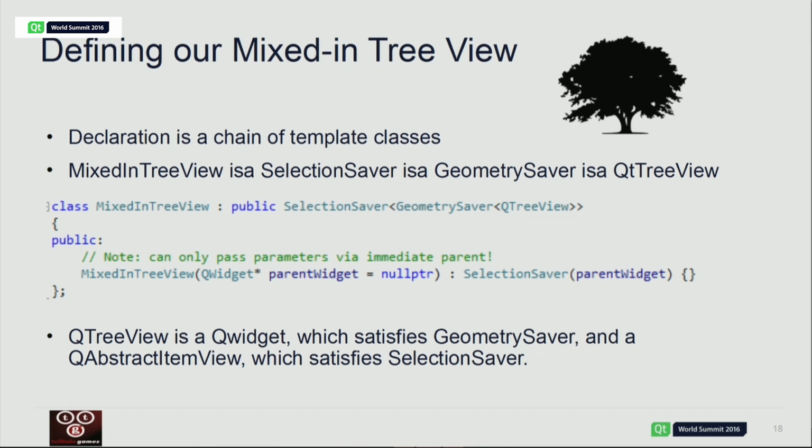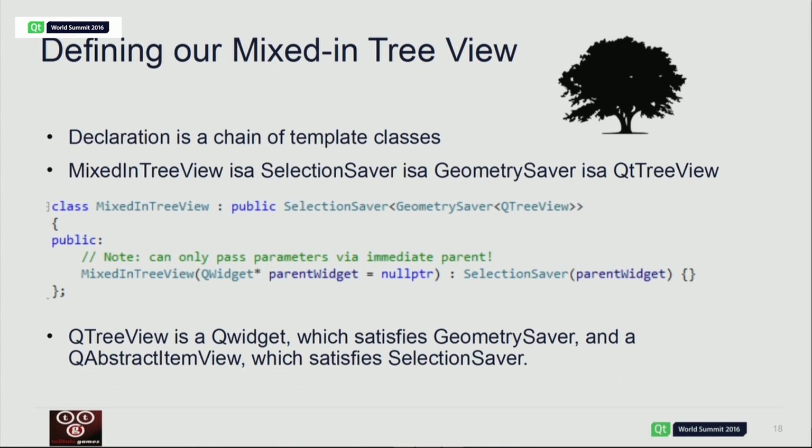If we look at that from inside out, we've got a tree view, which satisfies the GeometrySaver's requirements: I can only save geometry of a QWidget, I expect to be a QWidget by the time I get to be me. And it is getting all that functionality from its parent, the QTreeView, so we're fine there. Then we take that whole conglomerate, the GeometrySaver tree view, and go back into a selection saver. The selection saver now has two items up in its hierarchy, that QTreeView.